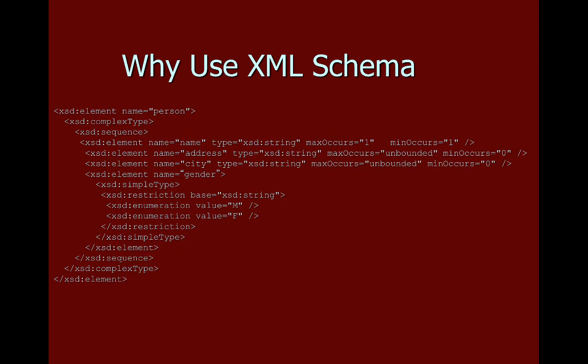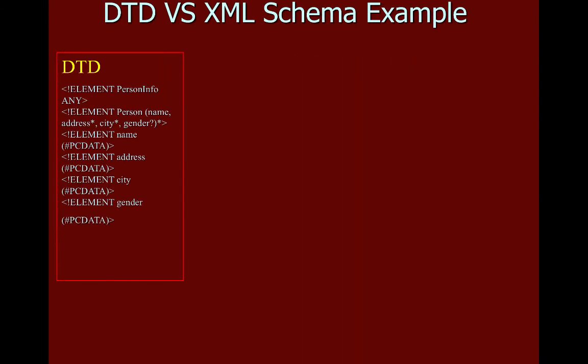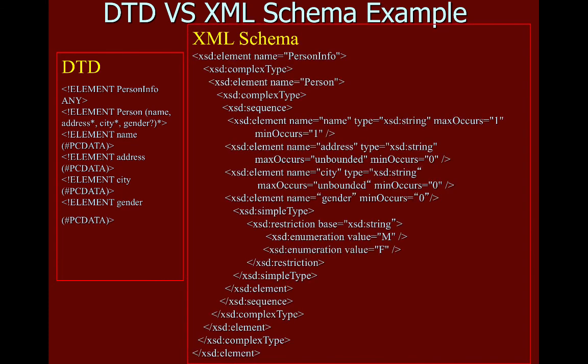And that is the person example. If you compare the two, we've seen this before on the left hand side, the DTD for person information, and the right hand side is pretty similar. But it's certainly more expressive. Whatever you can define with DTDs, you can define using XML schemas, and here you can get more expressive.